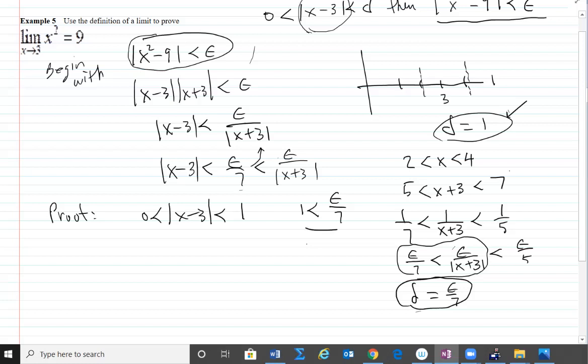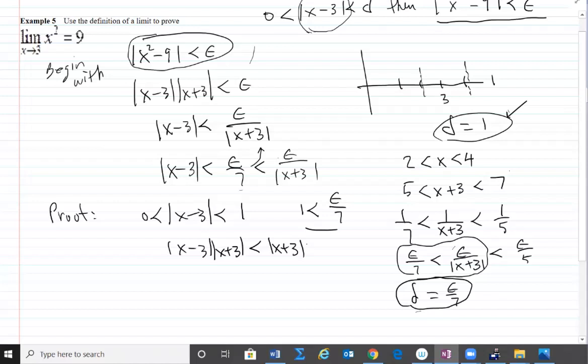So this is my choice right now. I'm assuming that the 1 is less than epsilon over 7. So that brings us to this. And I'm going to multiply by the x plus 3. So I'll have this. Now, this is a positive number. And if you look over here, you'll see we have this statement.